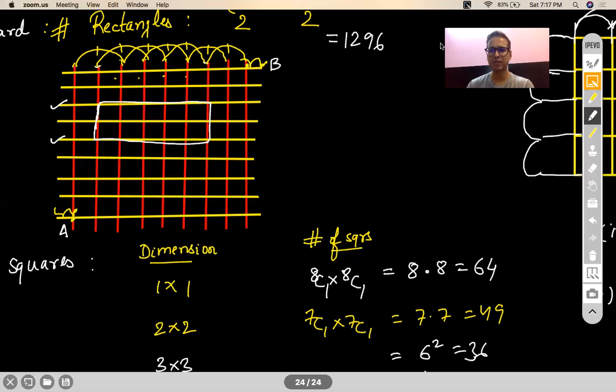How many paths can he take from A to B? Two to the power number of intersections.